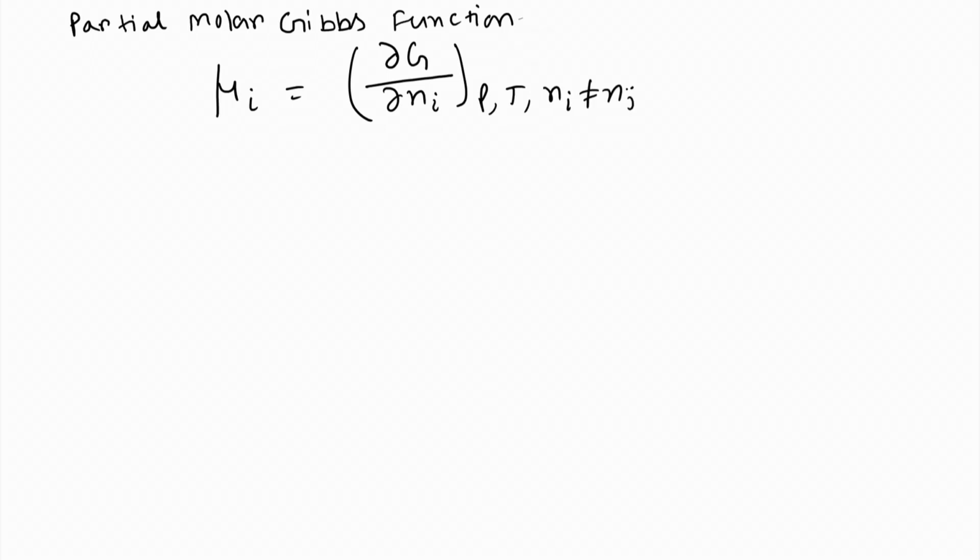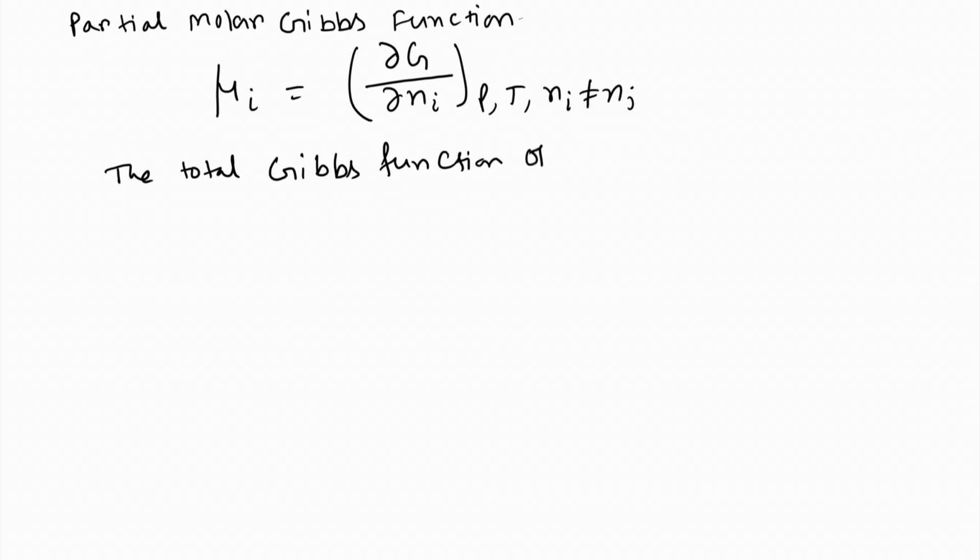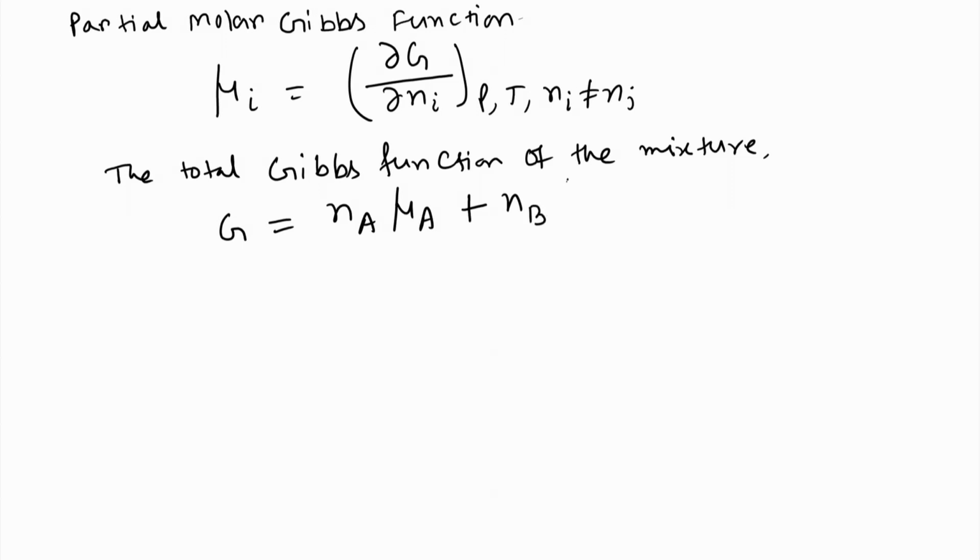Okay, and we have used here binary mixture of A and B. So total Gibbs function of the mixture, we can write G is number of moles of A times mu A plus number of moles of component B times mu B, right.